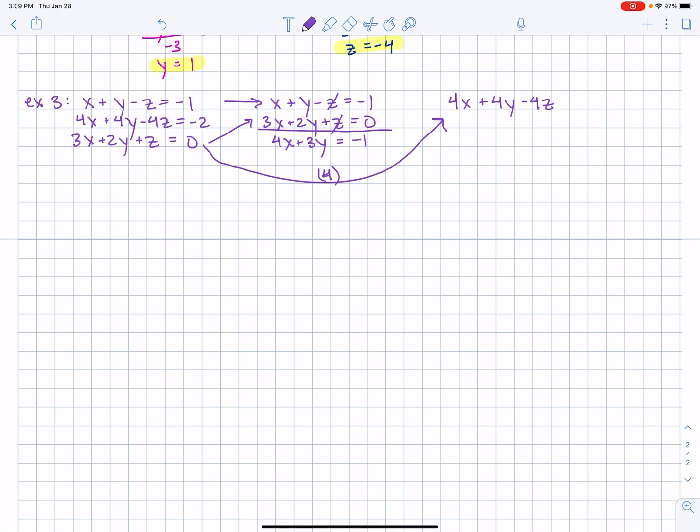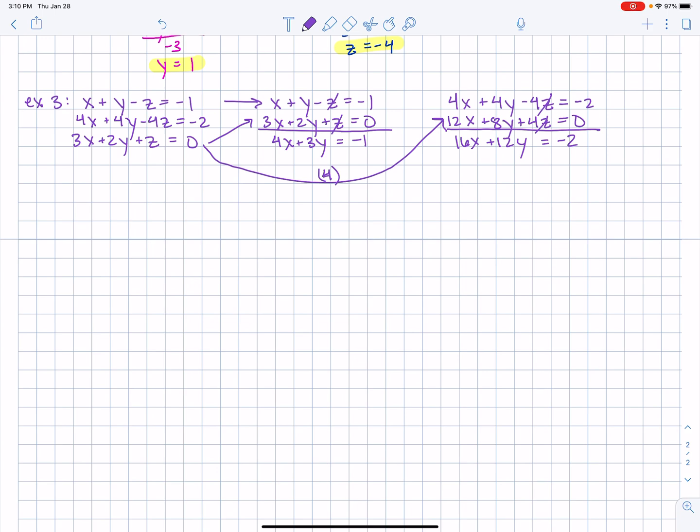Right, so 12x plus 8y plus 4z equals 0, and this one is negative 2. So that when you add them up, you get 16x plus 12y, the z's are eliminated, is equal to negative 2. Okay, we have our 2-variable system here.